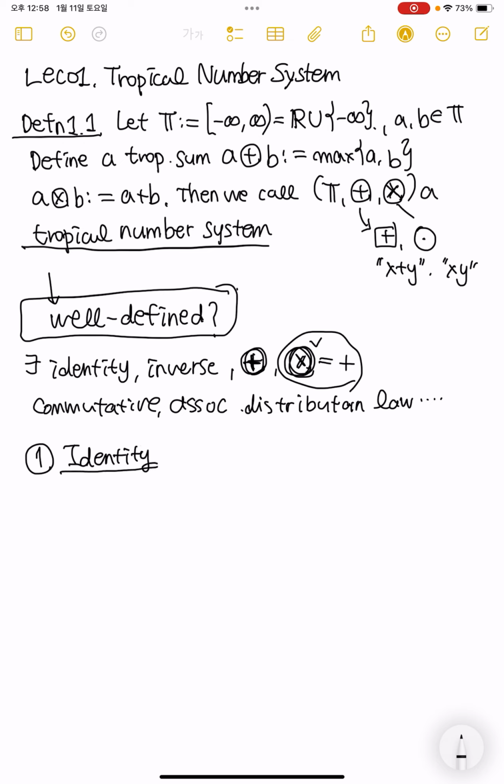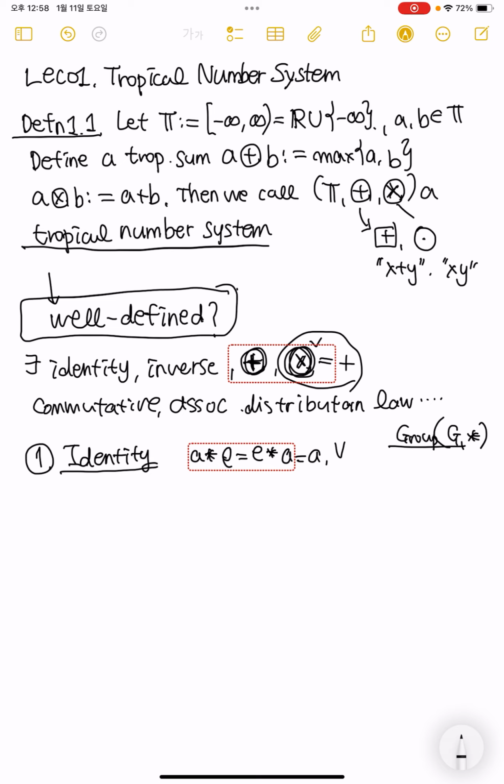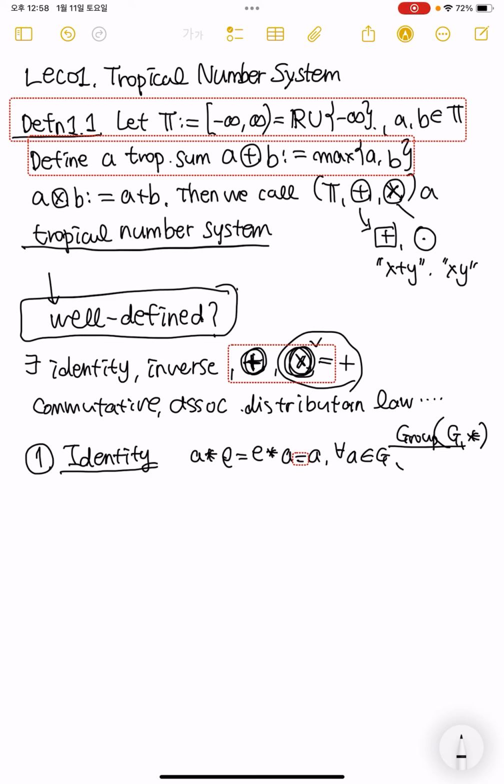Okay, check the identity. For example, what is the identity? In a group system, if an operation is given and this relation holds for every A in G, we call E an identity.